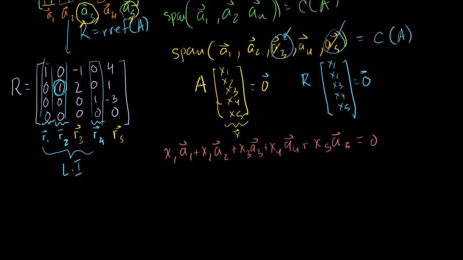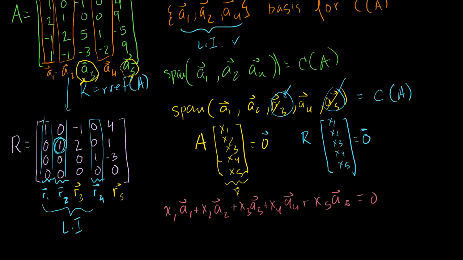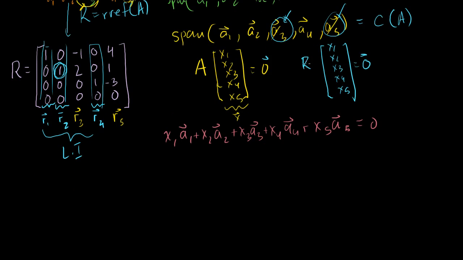And this is just a bunch of column vectors A1 through A5. I drew it up here, A1 through A5. And I can just rewrite this equation like this. Similarly, I can rewrite this equation as the vector r1 times x1, or x1 times r1, plus x2 times r2, plus x3 times r3, plus x4 times r4, plus x5 times r5 is equal to 0.